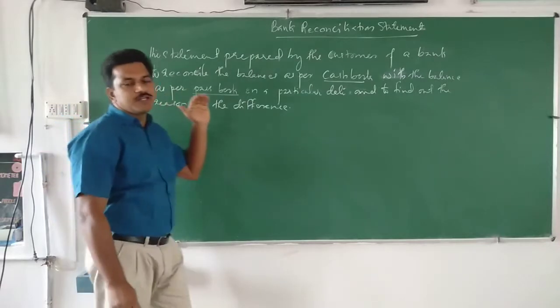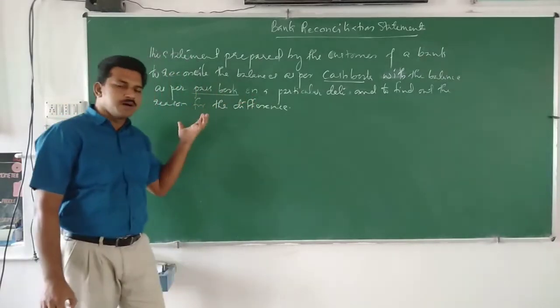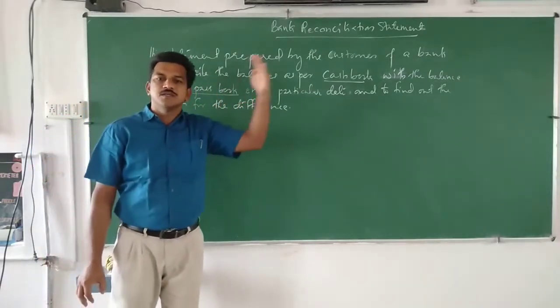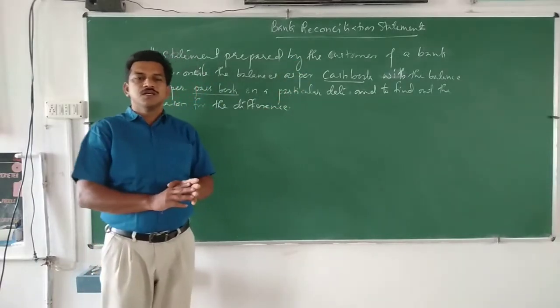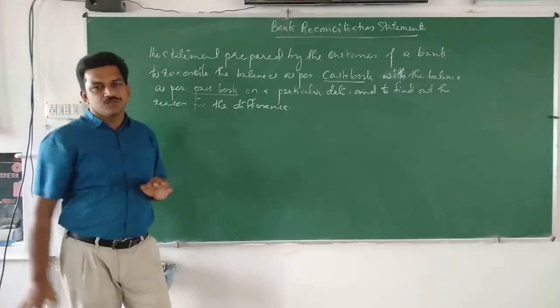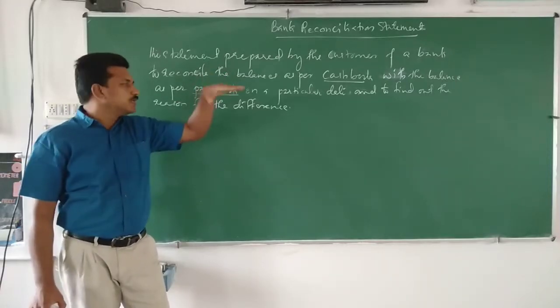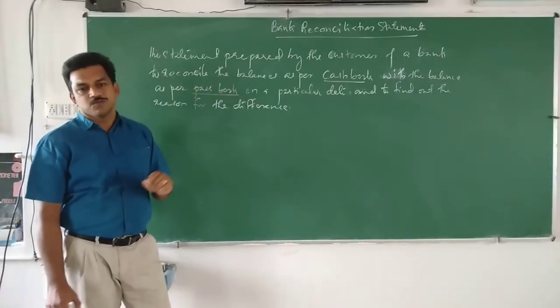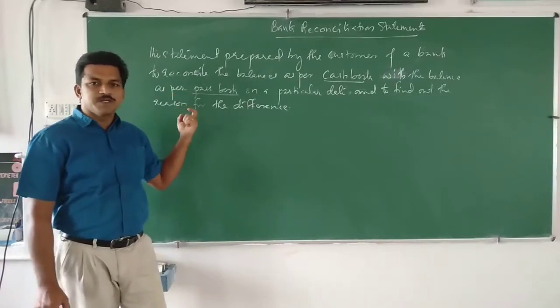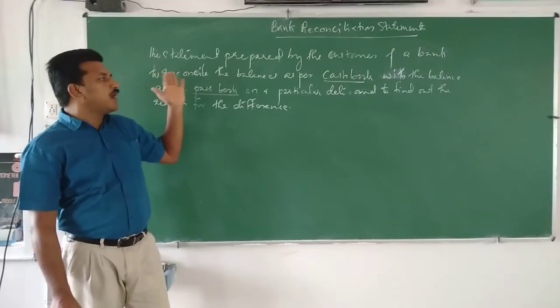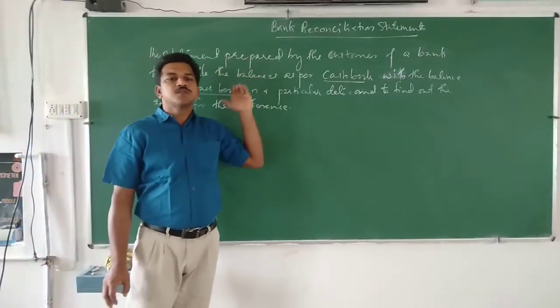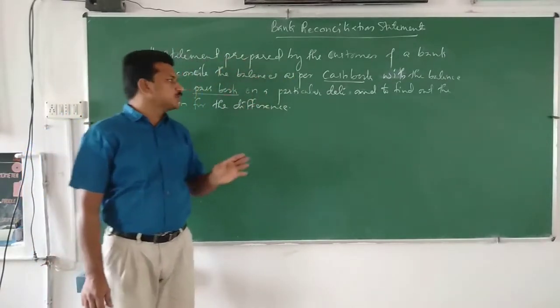Here in this chapter, wherever it says passbook, it means the bank account. Passbook is the copy of the bank account. Whatever is there in the bank account, the exact copy of that is the passbook. So this is the statement prepared by the customer of a bank to reconcile the balance as per the cash book with the balance as per the passbook.